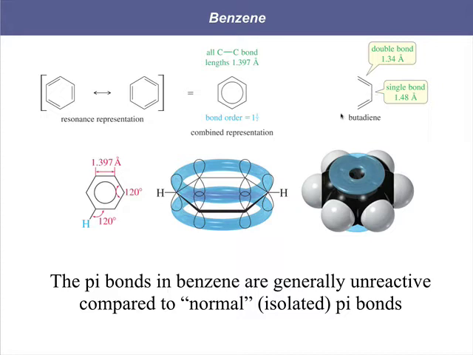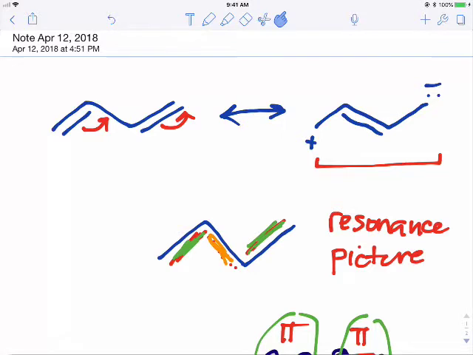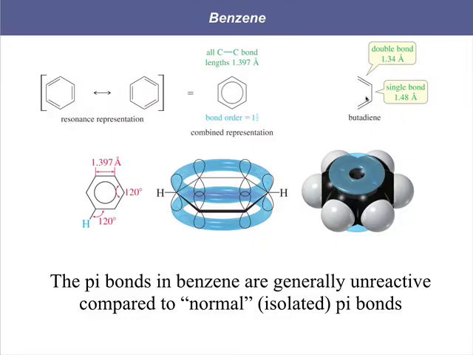Again, in the picture we had, it had more contribution as a single bond than as a double bond. So it should be more single bond like, but it's not a pure single bond either. So those bond lengths, again, since they're not true double bonds or true single bonds, we have experimental data that tells us exactly what those lengths are, and that confirms that there's something interesting going on in 1,3-butadiene to make these not pure double or single bonds.